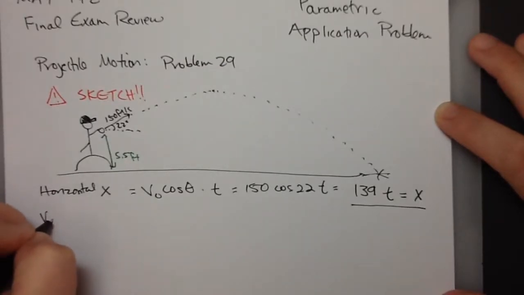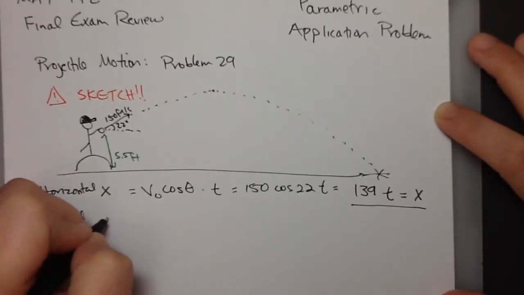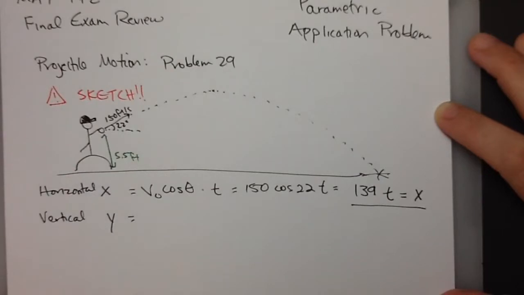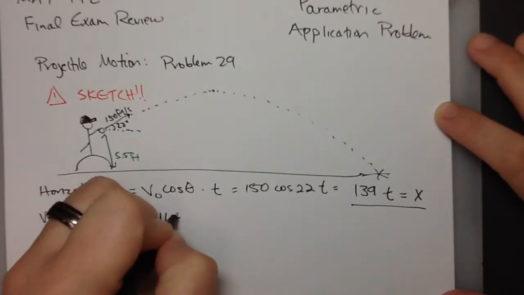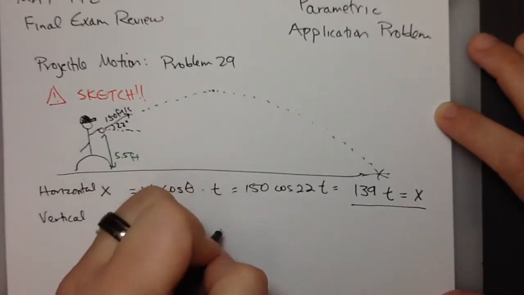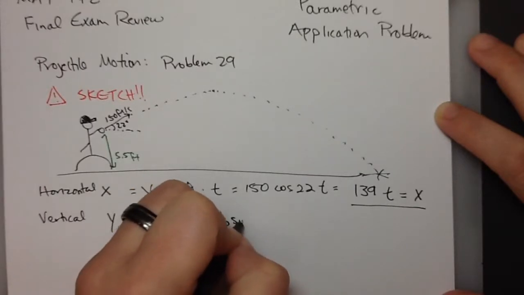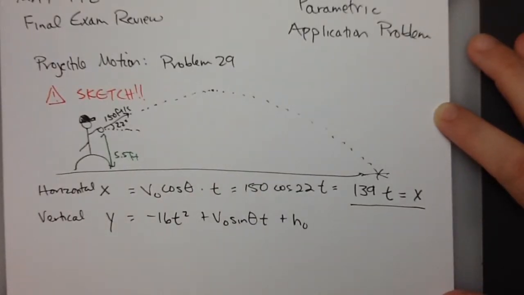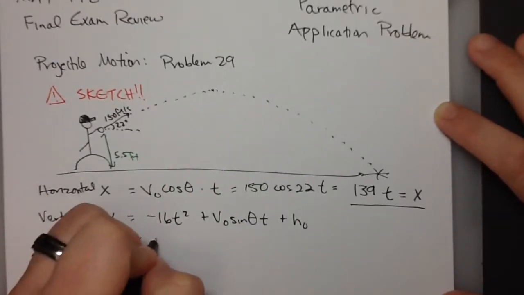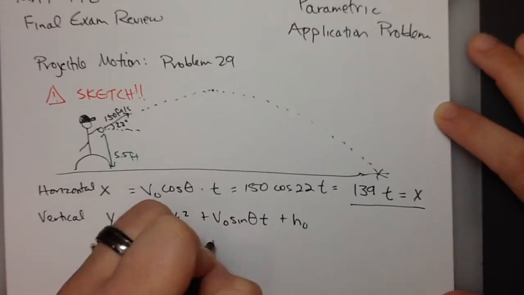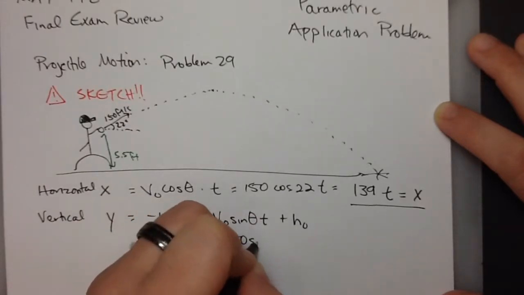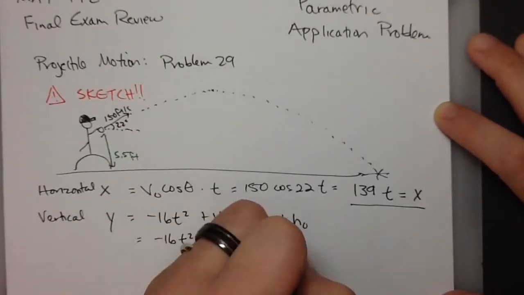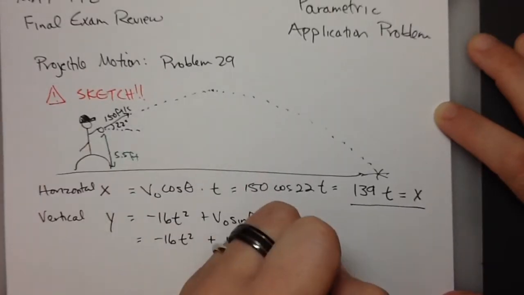In the vertical, it's a little more complicated. y equals negative 16t squared plus v naught sine theta t plus h naught, the original height. So plugging in what we know, this is negative 16t squared plus 150 sine 22t plus 5.5.